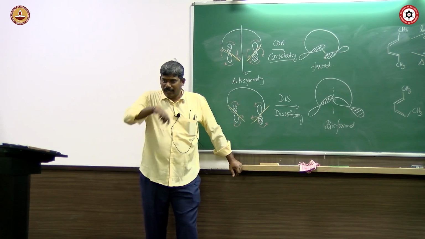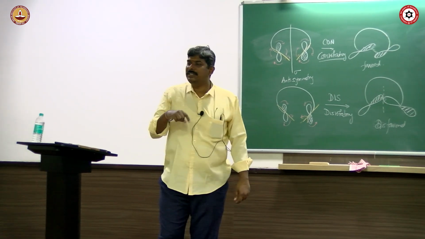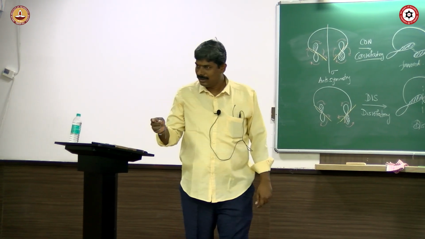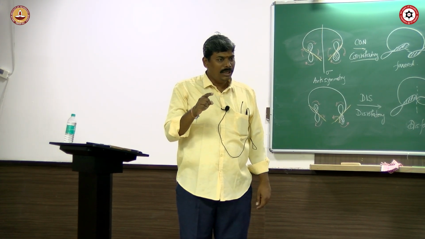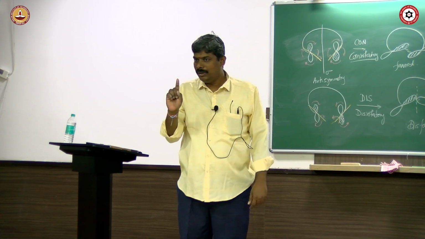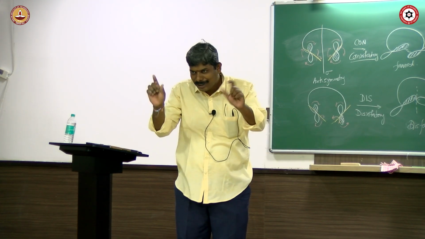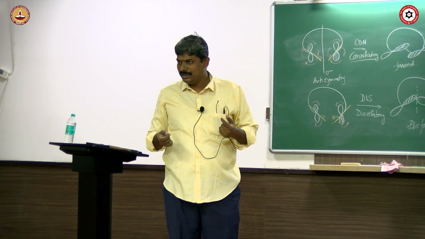So if you forget, I used to always tell my students that D refers to different. If you remember that, you will be able to say that both ends are not the same way of rotation. You get my point? It is not chemistry, it is just only to remember. Make sense? Right?